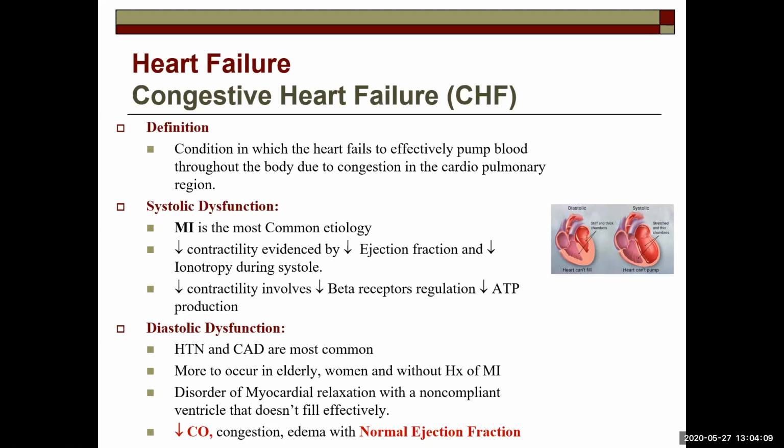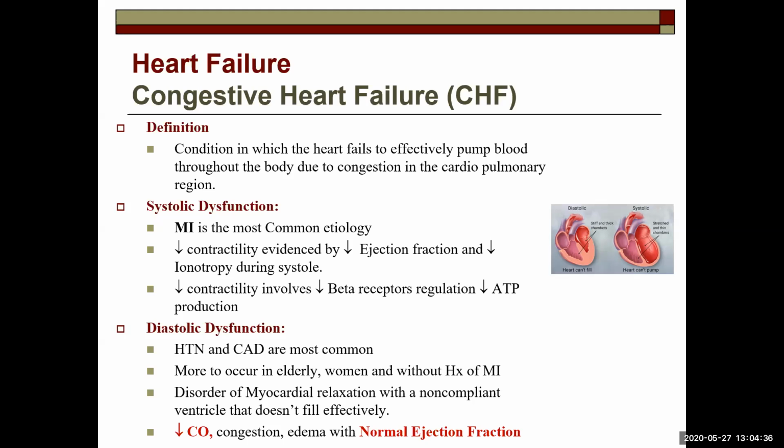Diastolic is more common in the elderly because they have hypertension and can have a history of MIs. It is a disorder of myocardial relaxation with non-compliant ventricles that do not fill effectively. You could also have valve issues that relate to not filling the ventricles correctly. So you have decreased cardiac output, congestion, and edema, with a possibly normal ejection fraction.